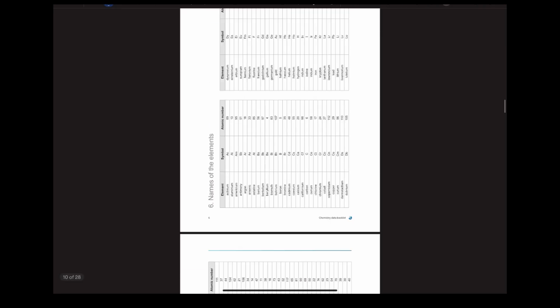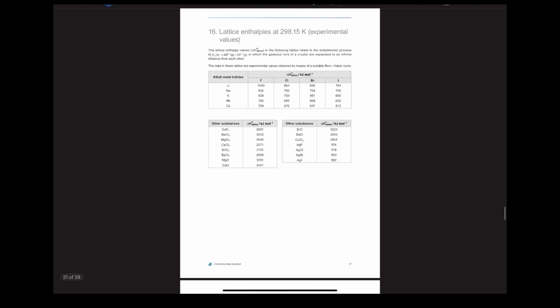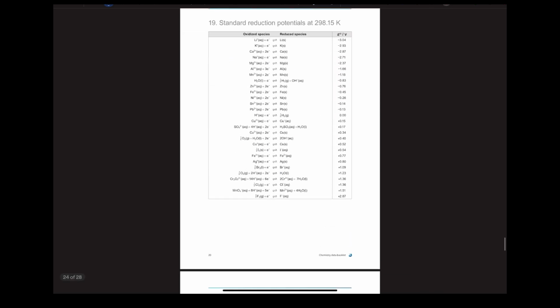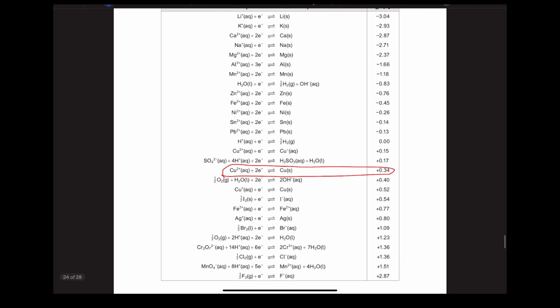If you go down, this is our copper reaction, then this is the H2O plus 2 electron reaction, and this is the reaction at the anode. The cathode will have these two reactions possibly.